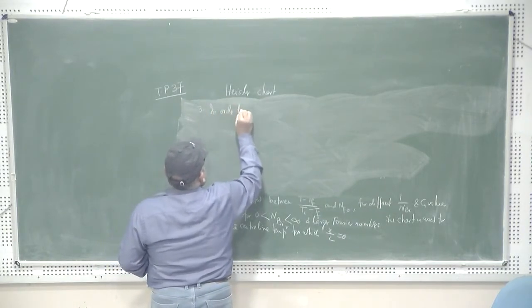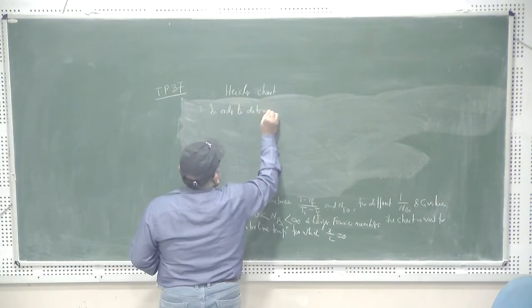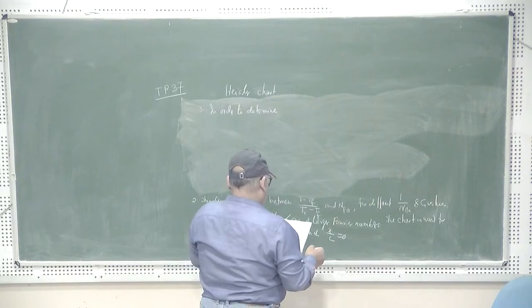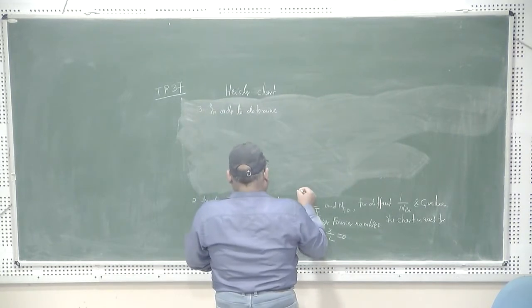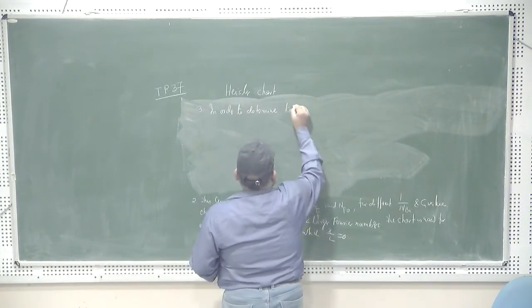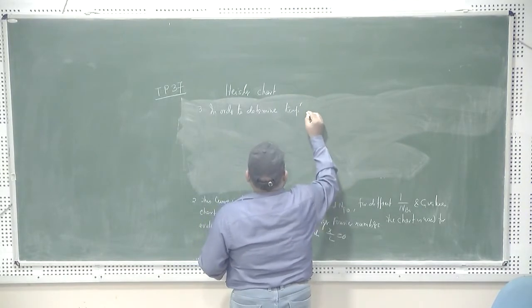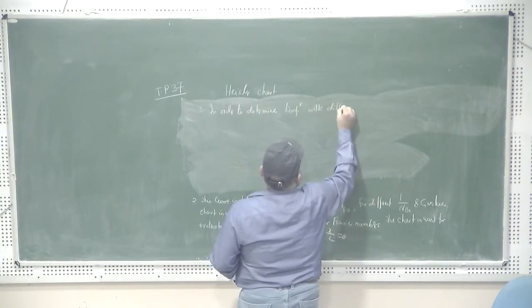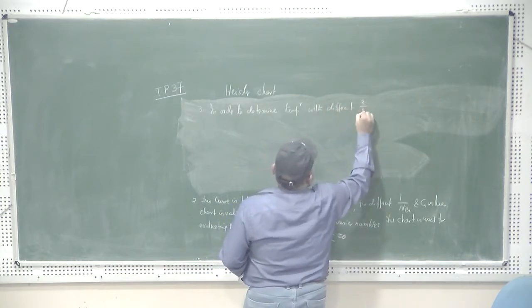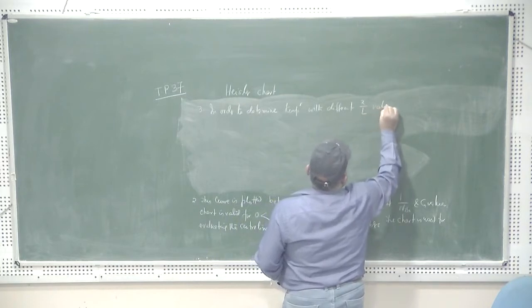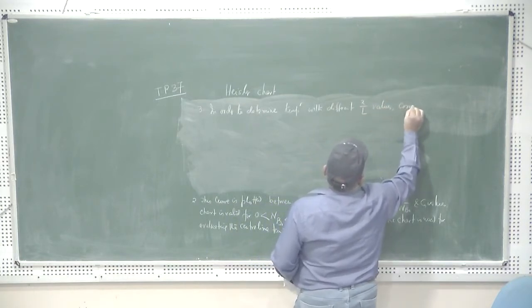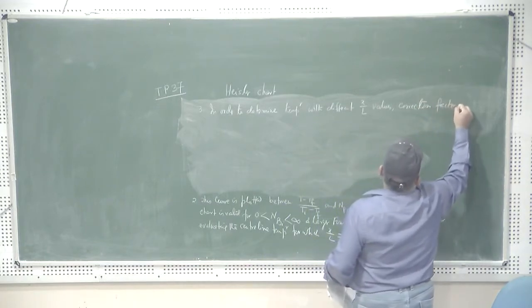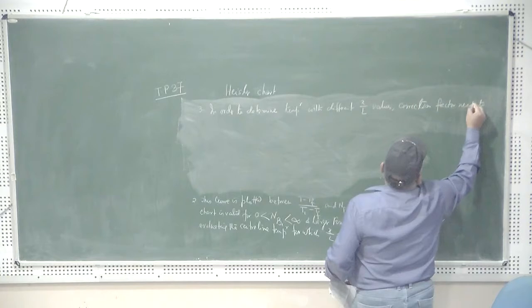in order to determine temperature with different x by L values, a correction factor needs to be used.